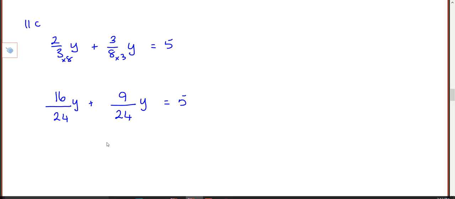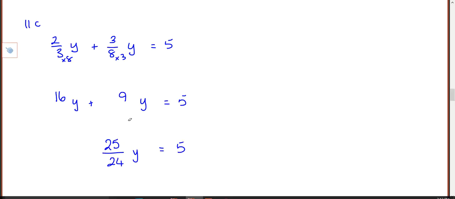I get 25 over 24y equals 5. Because, remember we talked about this in class, I have 16/24 of y. I add another 9/24 of y and I have 5.